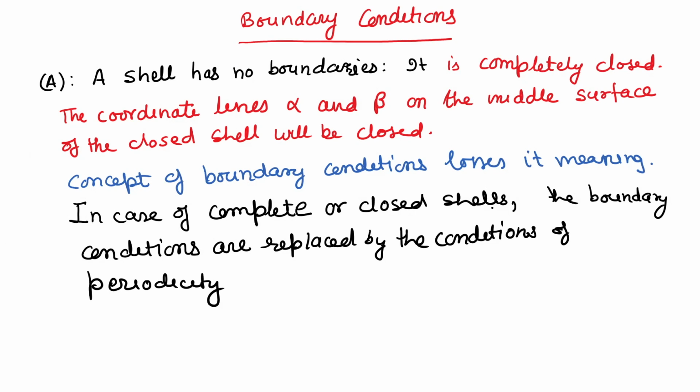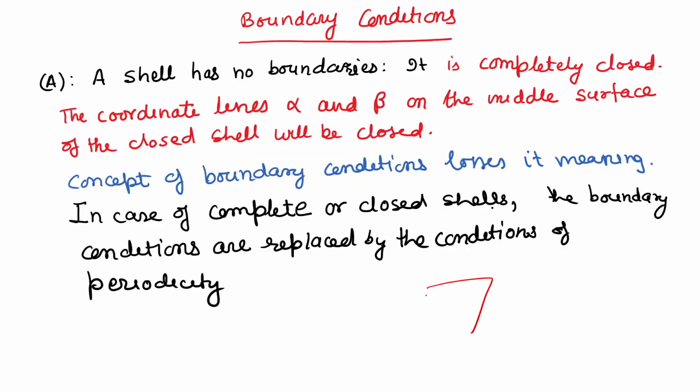Now, we talk about the boundary conditions. Already we have discussed that we should specify stress resultants, moments, in-plane displacements, rotations, but where? In a plate or a beam, it is a clear-cut case, there are open boundaries.